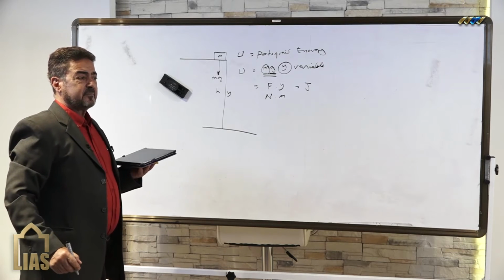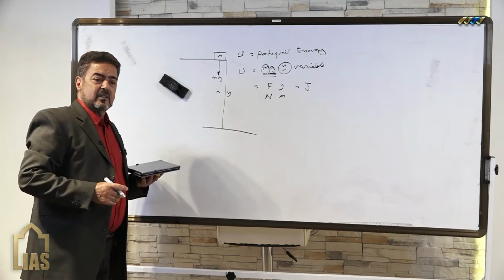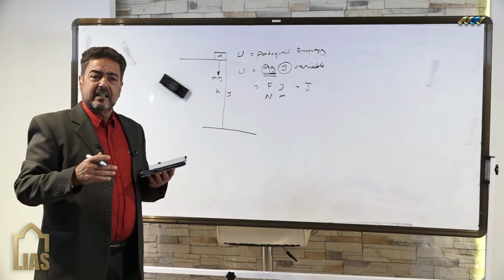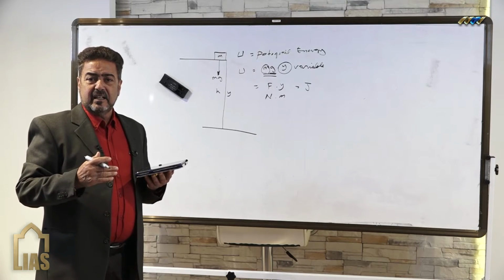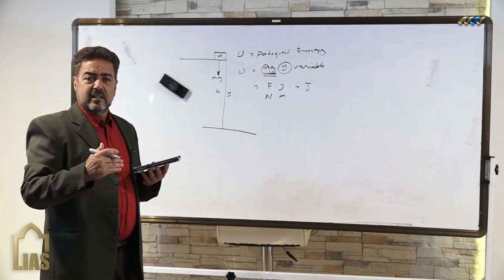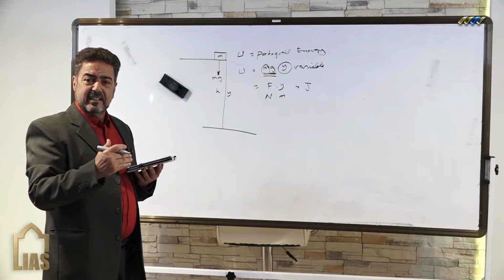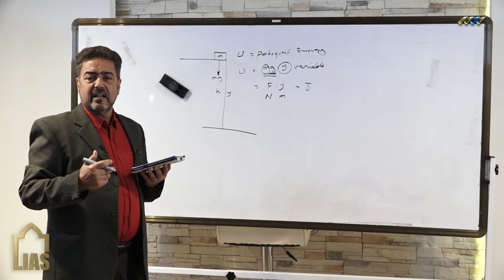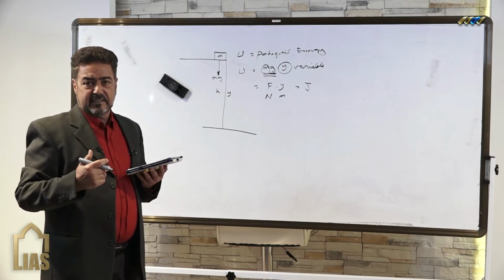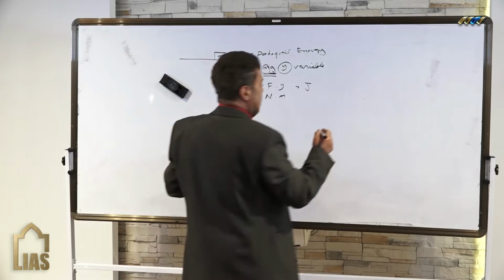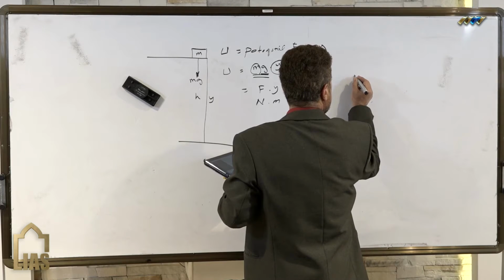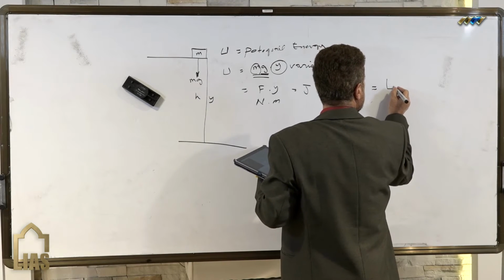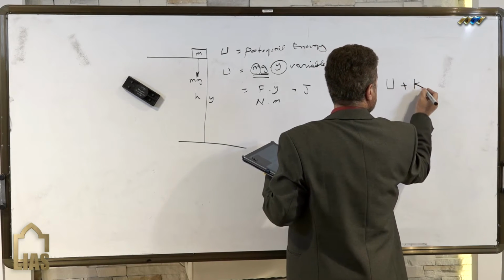And we say conservation of energy. What is the conservation of energy? That there is no energy loss. If we lose potential energy, we gain kinetic energy. Then the energy is the potential energy plus the kinetic energy.